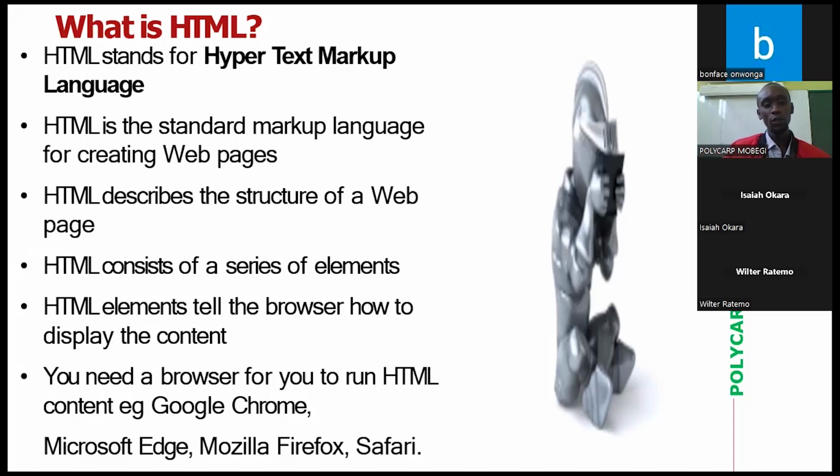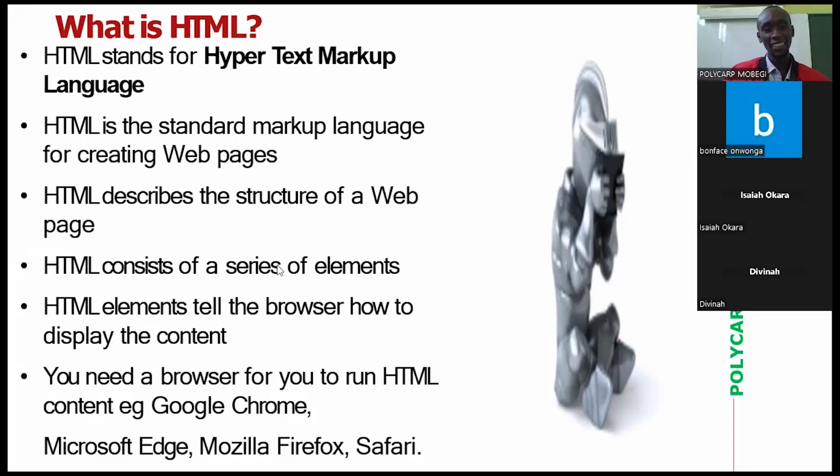When you talk of a browser, it is the one that is used to run the HTML contents. Some of the examples I've written there: Microsoft Edge, you can use Mozilla, you can use Safari. Okara said Brave browser, and many others. Those are the ones that we're going to use to run our HTML.